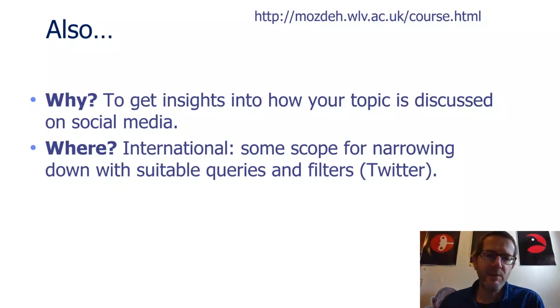But then there's a second level with Twitter, which is you can filter by the country of the tweeter. Twitter gives enough information for many tweeters, I think it's about half, so that you can decide which country they come from, and Mojday works that out for you. So you can filter out the people not from the country that you're interested in.